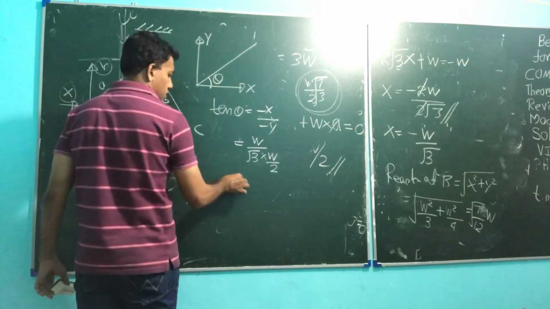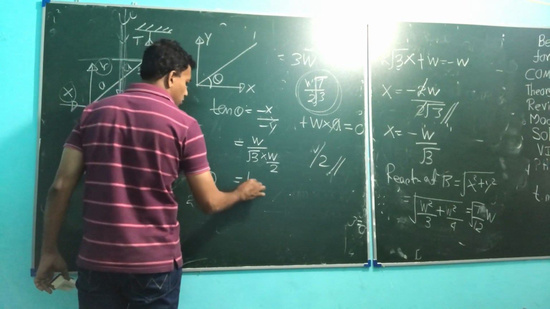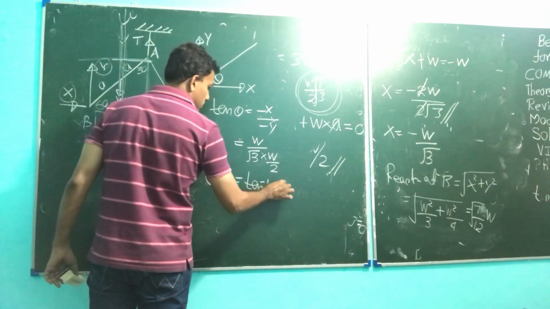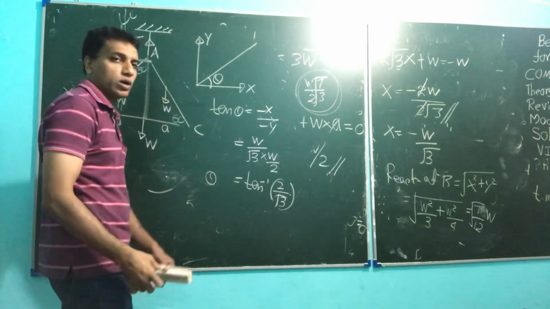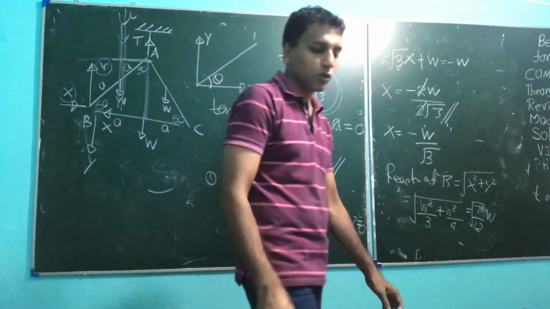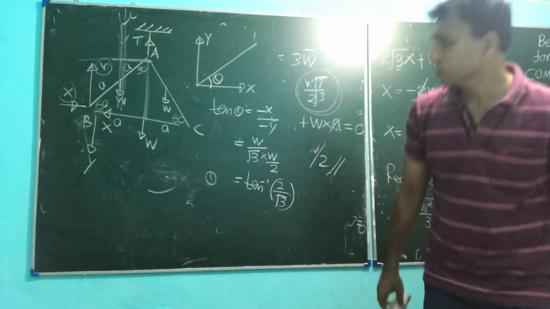So what is the answer? Theta equals tan inverse 2 over root 3 with the horizontal.